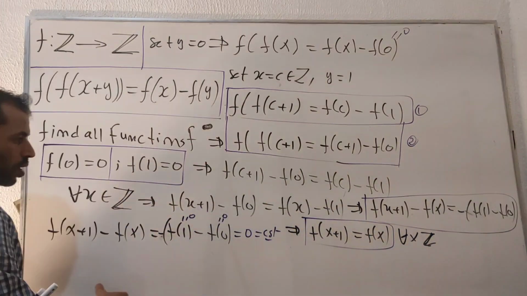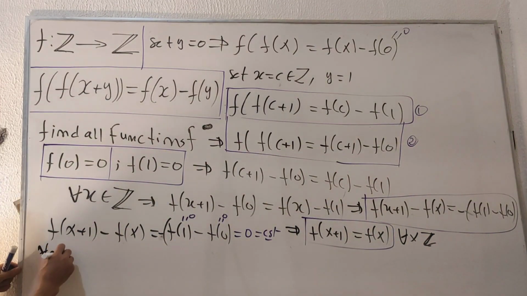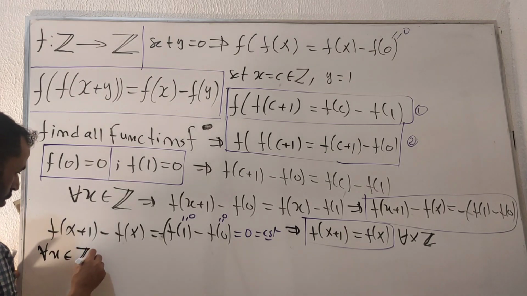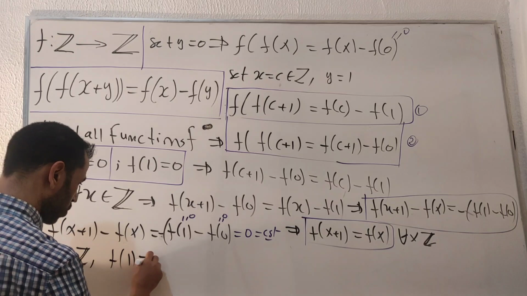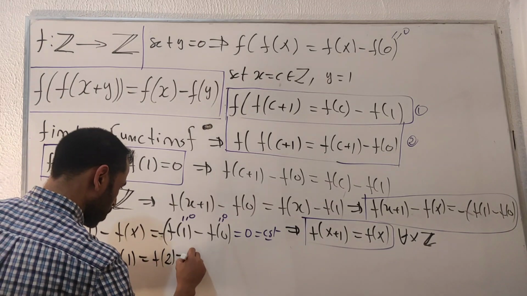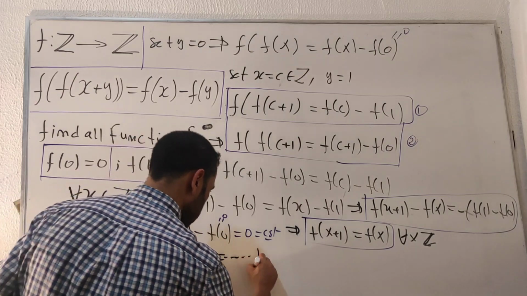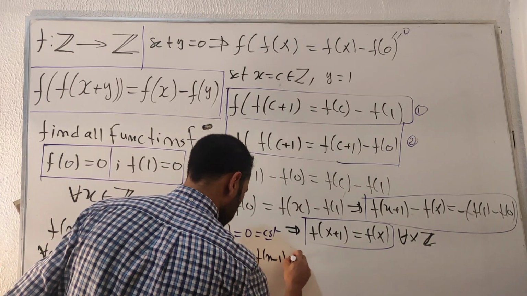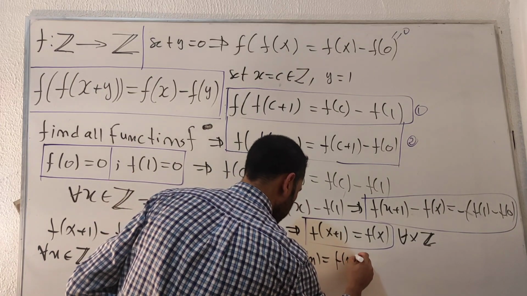Let's express this inductively. For all n as an integer, we have f of 1 equals f of 2 equals f of 3, and all the way down, equals f of n minus 1 equals f of n, finally equals f of n plus number 1.